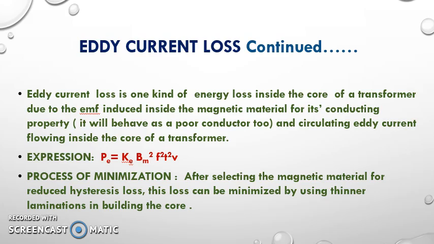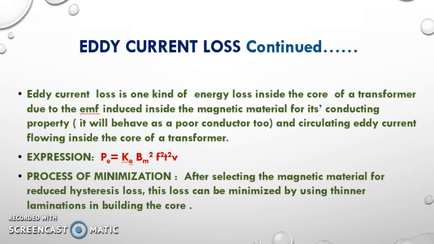The magnetic material is not only a magnetic material, it will have some conducting property also, as it is made of iron, and it will also cut some flux, and according to Faraday's law of electromagnetic induction, a voltage will be induced inside the core also, apart from the copper windings.